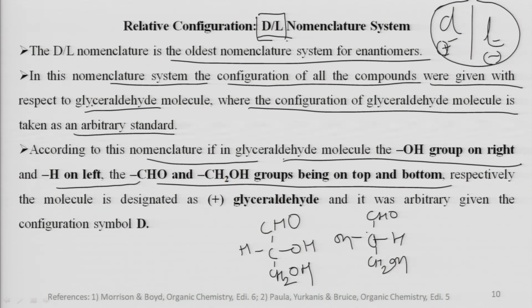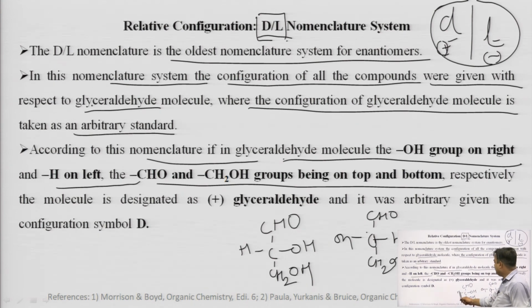Here you can see the CHO group is present on the top, the CH2OH group is present on the bottom, while H and OH groups are present on either side. So two types of isomers are present. The only difference is the arrangement of the hydroxyl group and the hydrogen on the second carbon. In the glyceraldehyde where the OH group is on the right side, it is designated D. If the OH group is on the left side, it is designated capital L.